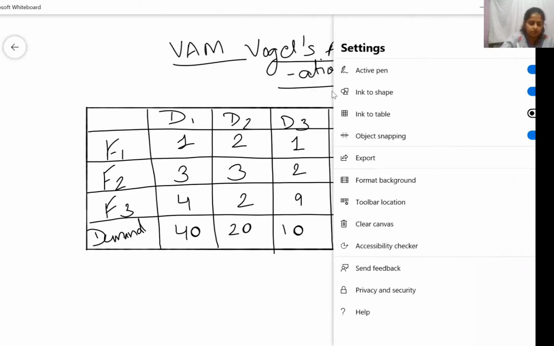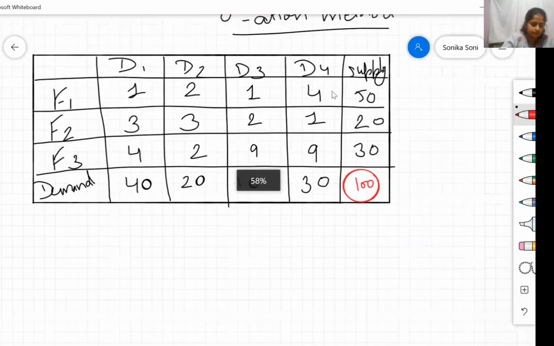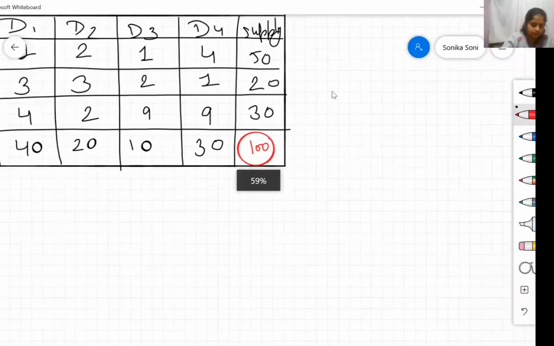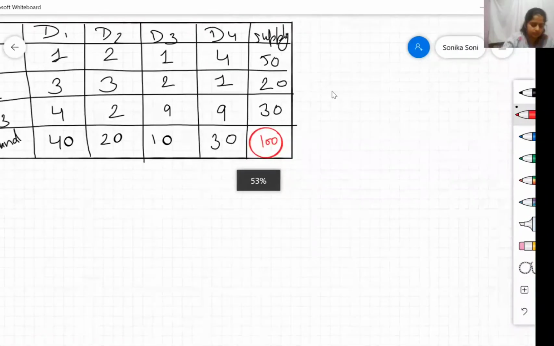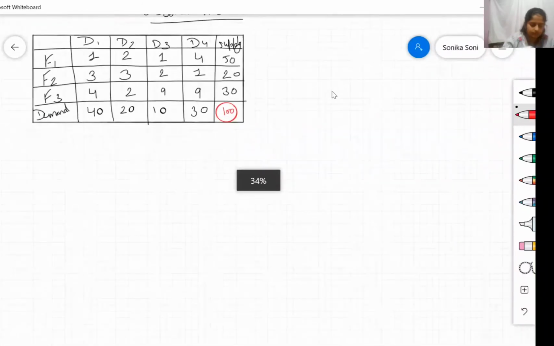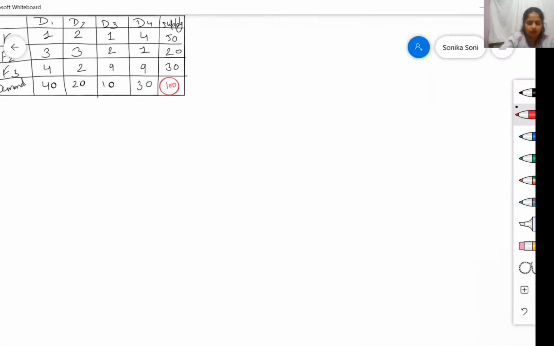So for the solution, now we have to draw the matrix table.